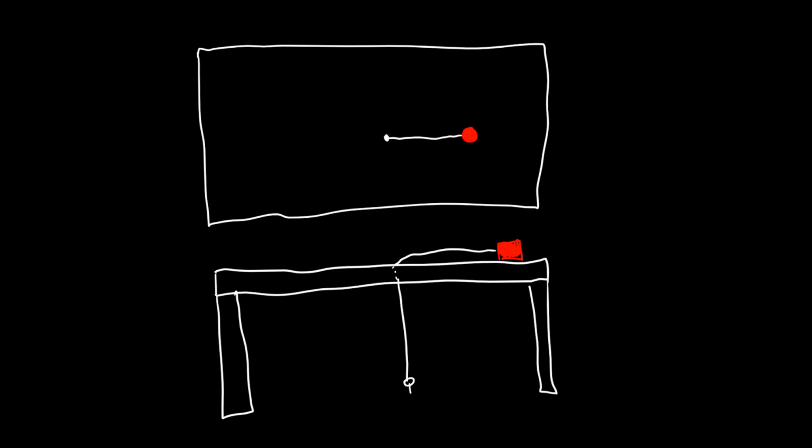So what we said is, okay, what happens if this string can stretch, and more importantly, the string stretches and is completely relaxed when the mass sits right at the center of the table.